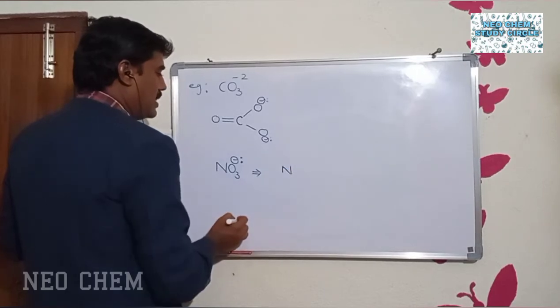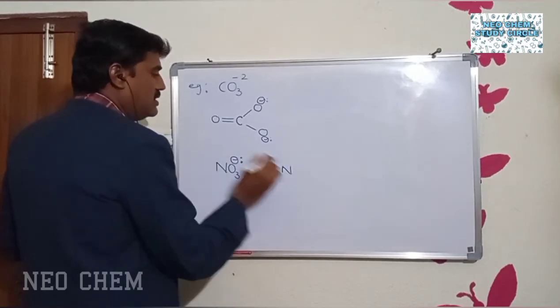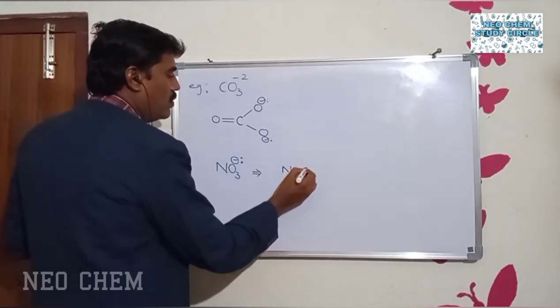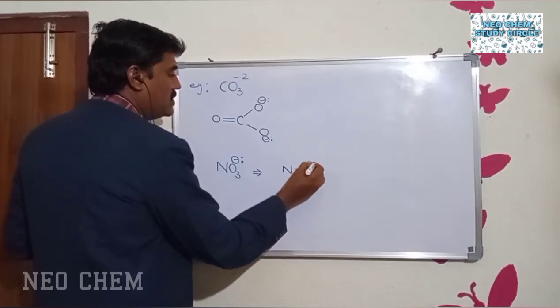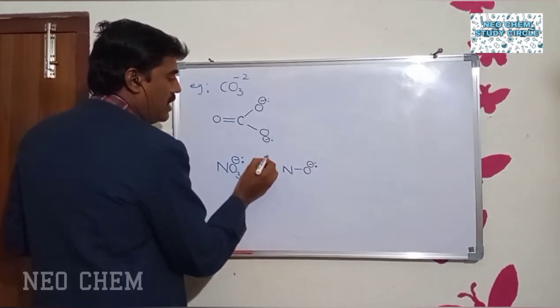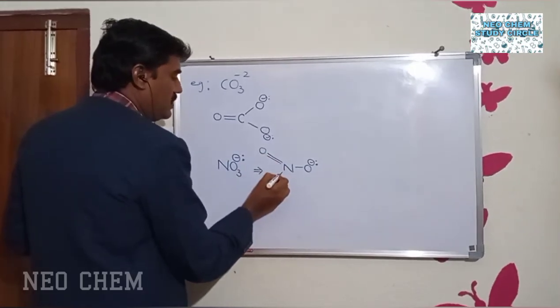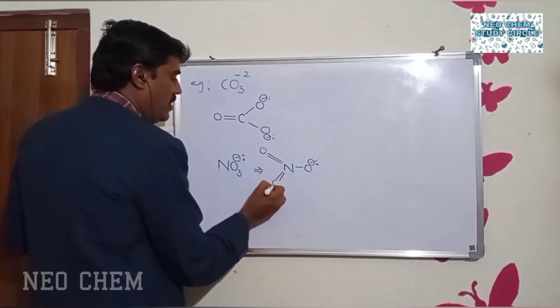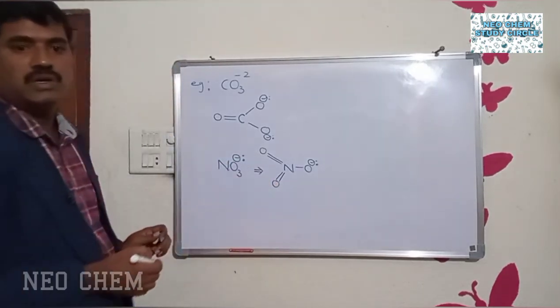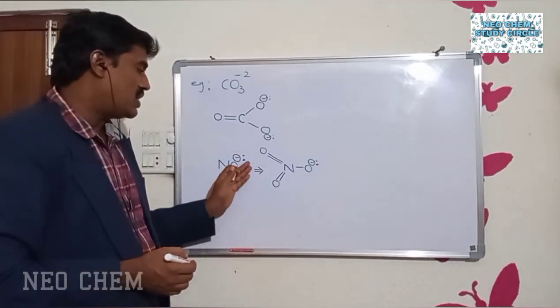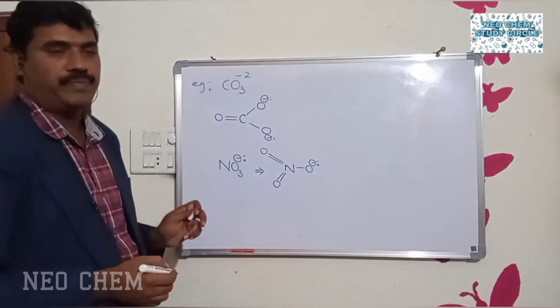Nitrogen, only one oxygen should have negative charge, and the remaining 2 oxygens with double bond without any charge. Okay, this is the structure of the nitrate ion.